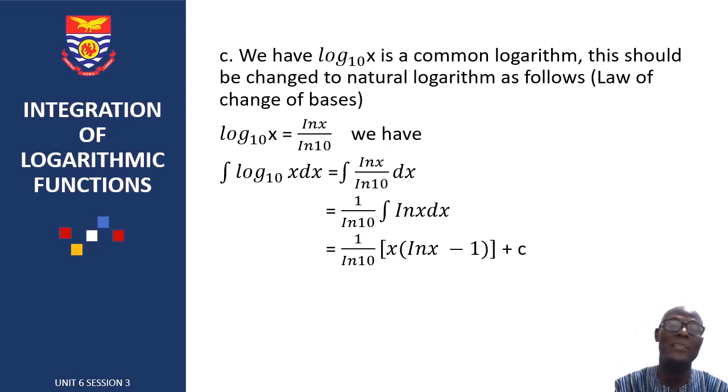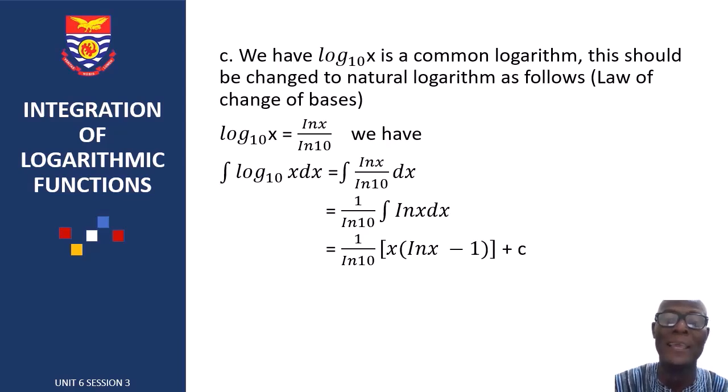So to change from a common log to natural log, log x base 10 now gives ln x over ln 10, which implies that our integral log x base 10 dx is now equal to the integral ln x over ln 10 dx.